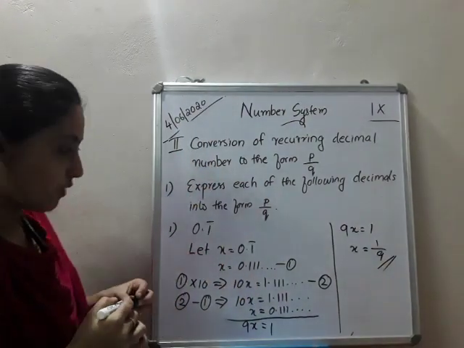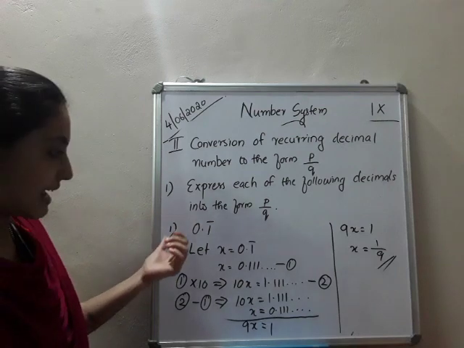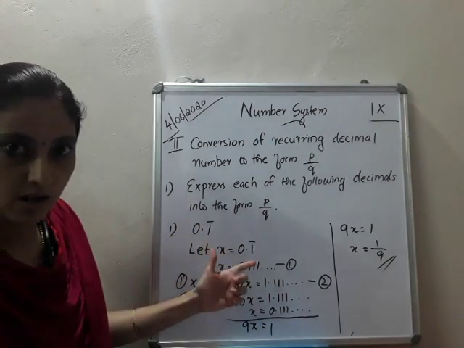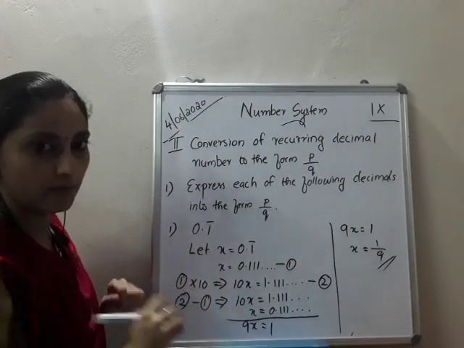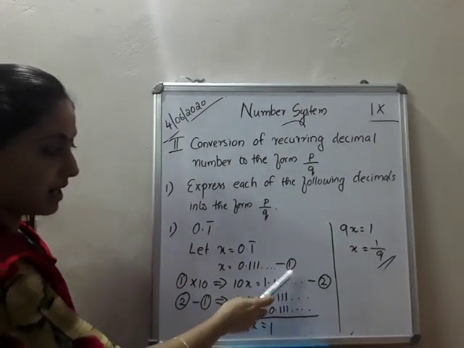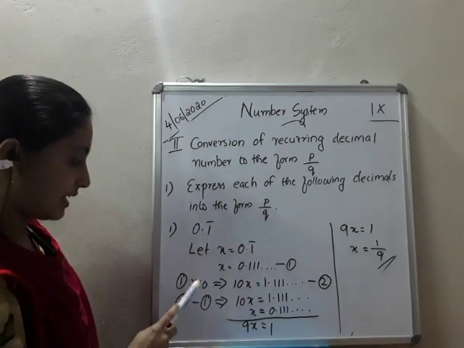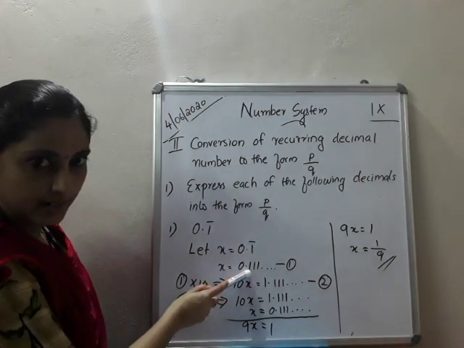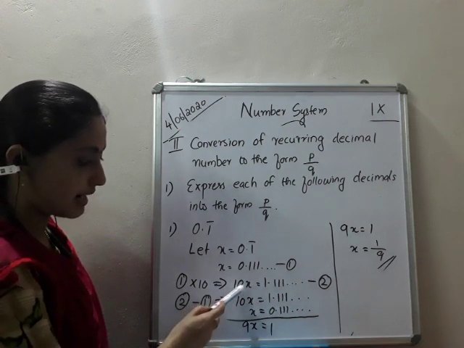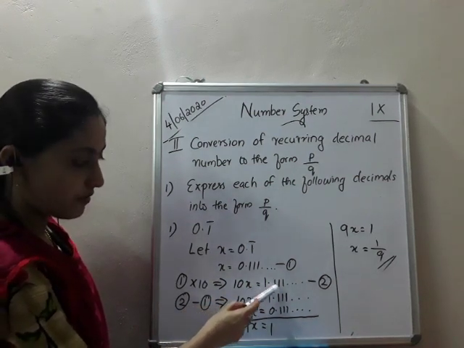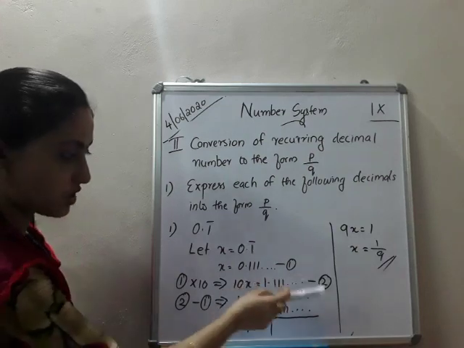Please go through once again. Let x is equal to 0.1 bar, and we expand that: x is equal to 0.111 etc. Mark that as equation number 1. Then only one number is repeating, so you multiply by 10. That becomes 10x is equal to 1.111 etc., which is equation number 2.